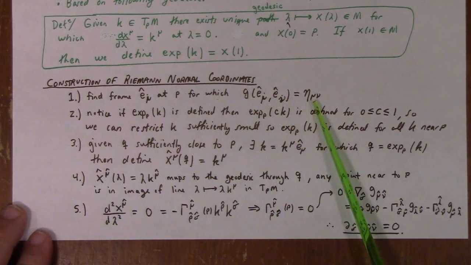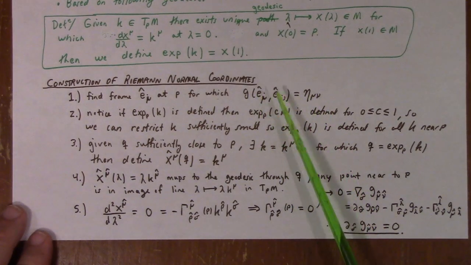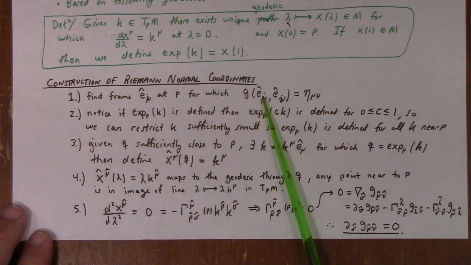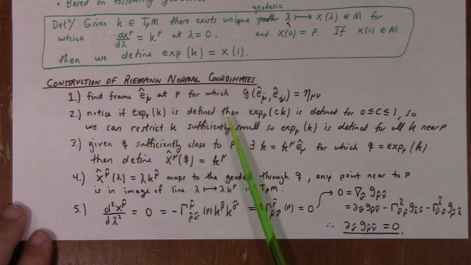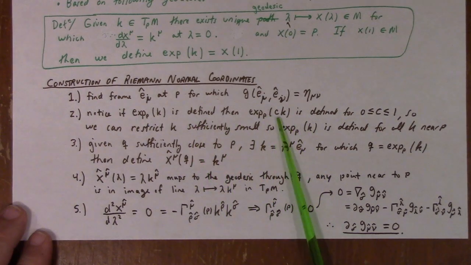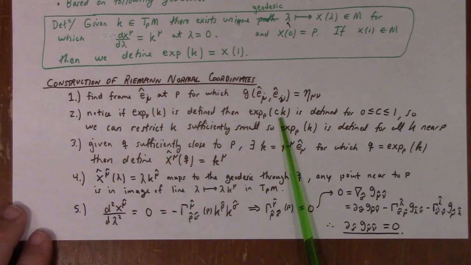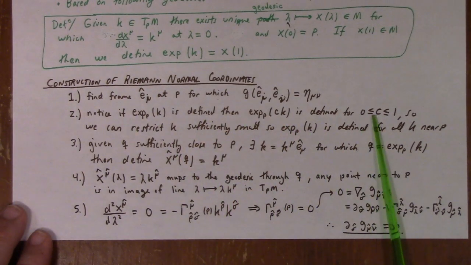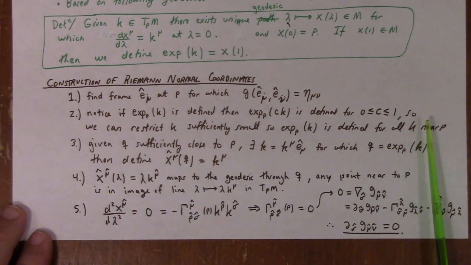Basically, choose a coordinate system which puts the Minkowski metric as the metric, and this is of course at the point P. If we define exponential of k, then thinking about the way the differential equation works, it is fairly clear that you can also define exponential of ck for c a non-negative parameter between 0 and 1.